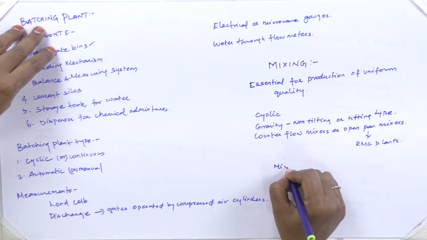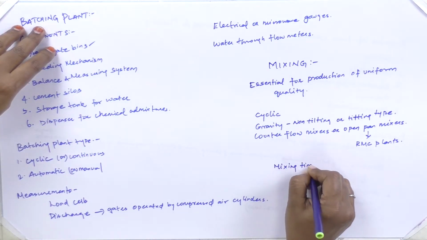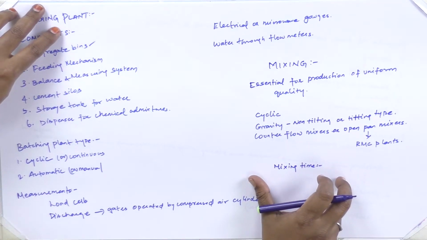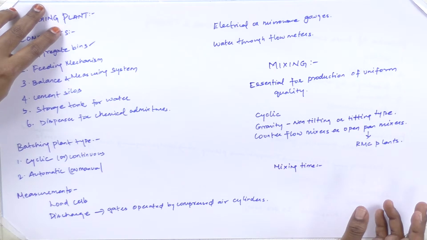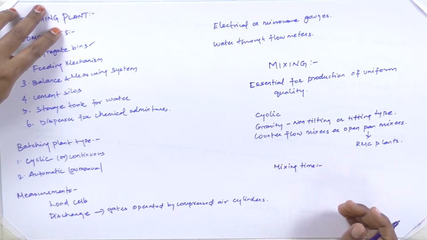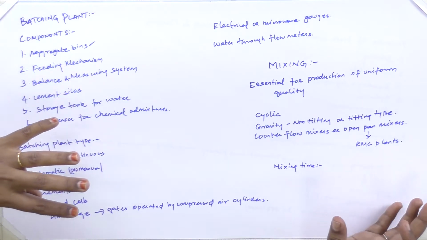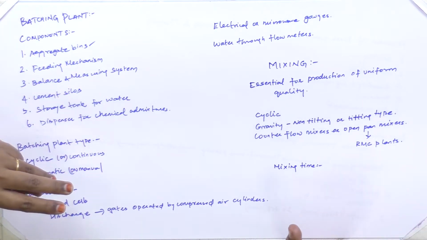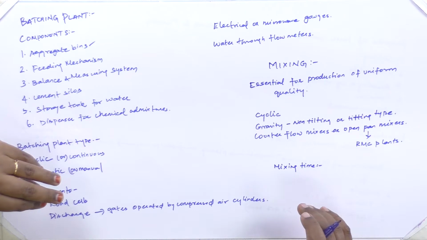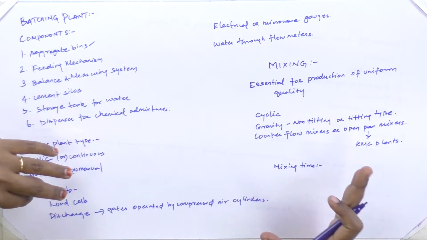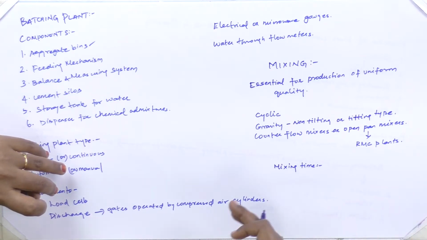Next, mixing time. This mixing time also plays a major role to get concrete of uniform quality. So in a batch of concrete made, the mixing time should be the same for every batch of concrete being made.